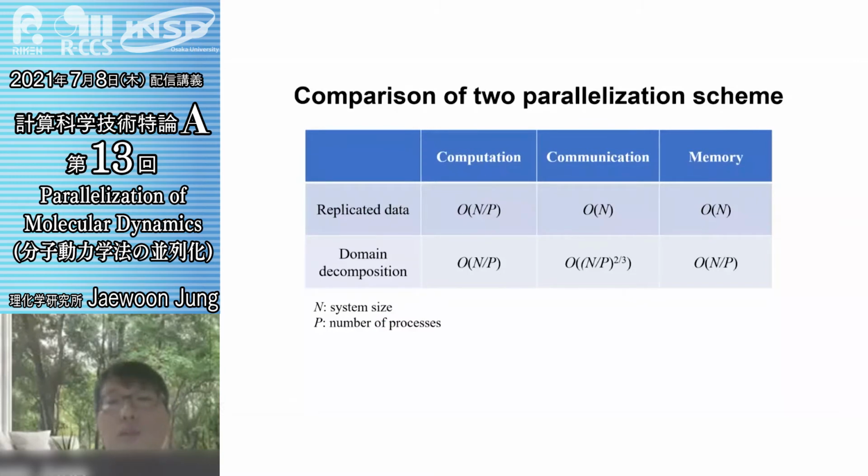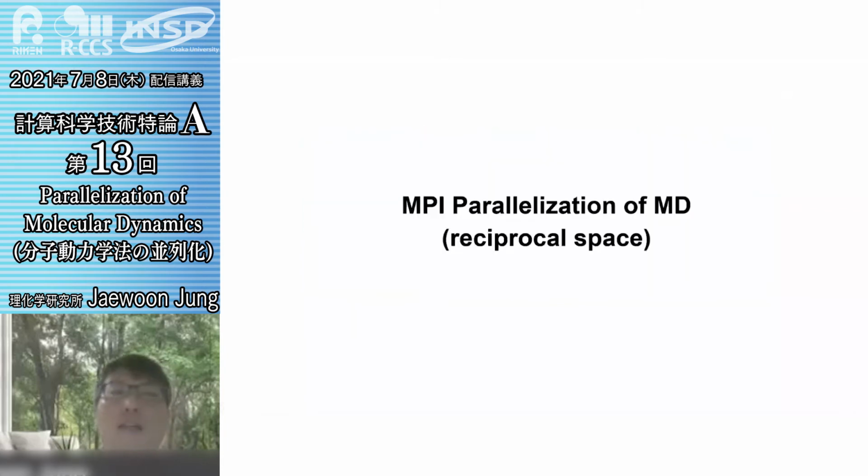And even for the memory, domain decomposition needs a much smaller amount of memory. So here, I only explained the MPI parallelization of real space with cutoff values. Now I'll explain the MPI parallelization in the reciprocal space calculation.